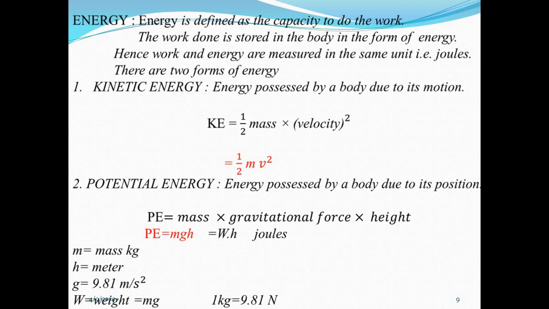So kinetic energy is equal to half mv square. Potential energy is the energy possessed by a body due to its position. So potential energy is equal to mass into gravitational force into height. Its unit is joules.